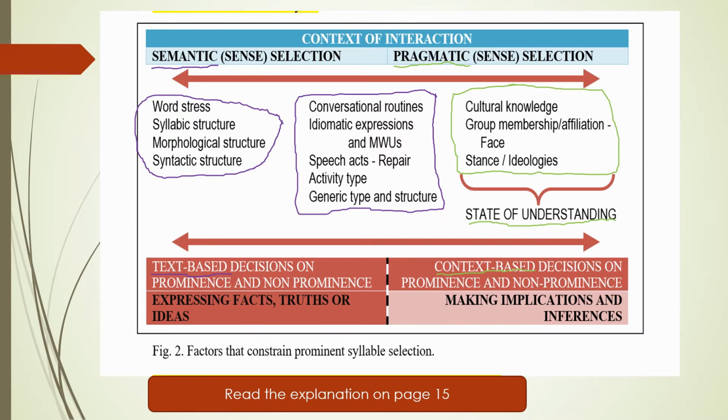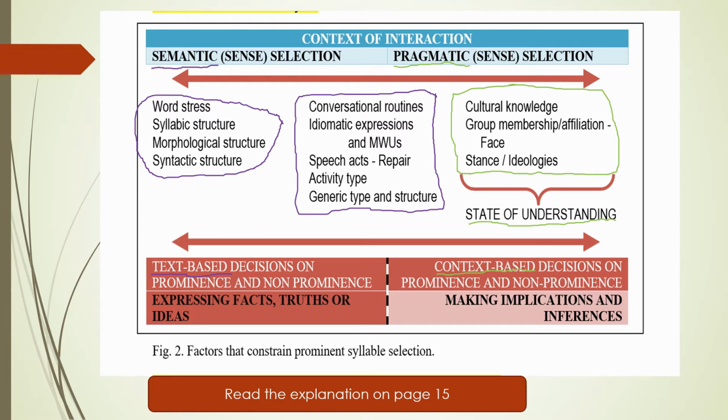In Figure 2, we can see the factors that constrain prominent syllable selection, but also the accentuation and non-prominent syllables. In every context of interaction, as we have also read from authors like Brazil, the speaker is going to make a first semantic selection.